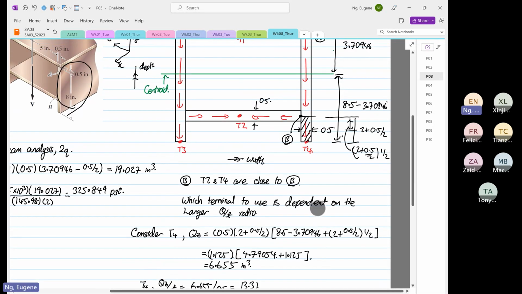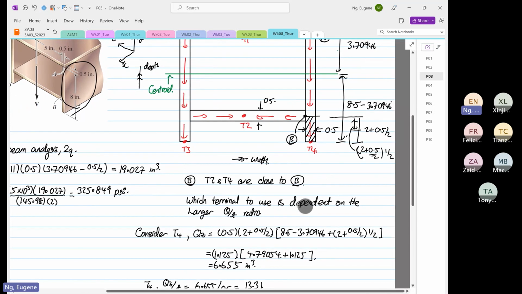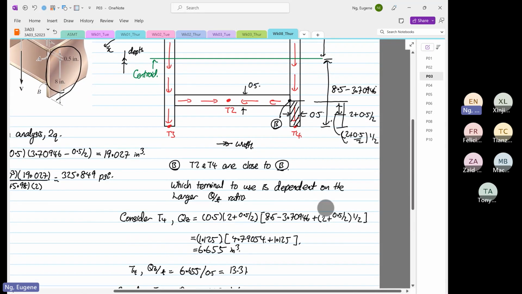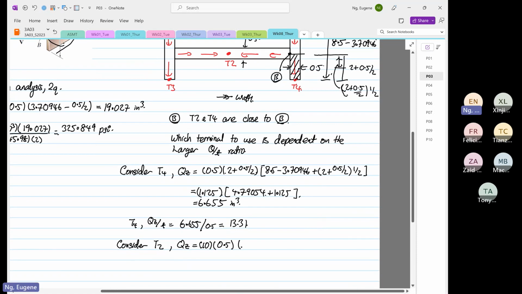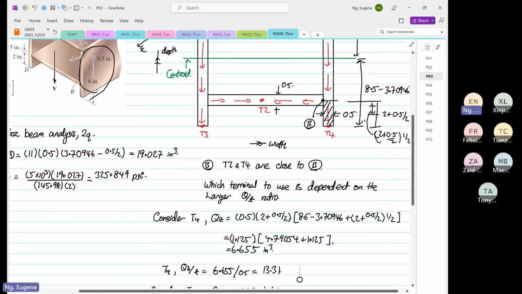Now we have to deal with the Y bar. So Y bar is 8.5, or I'm going to just directly use the 4.79054, right? And so that's the whole thickness.